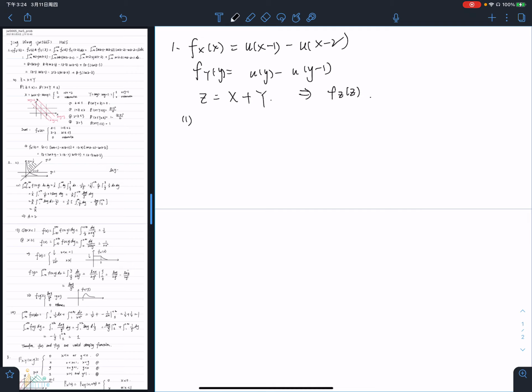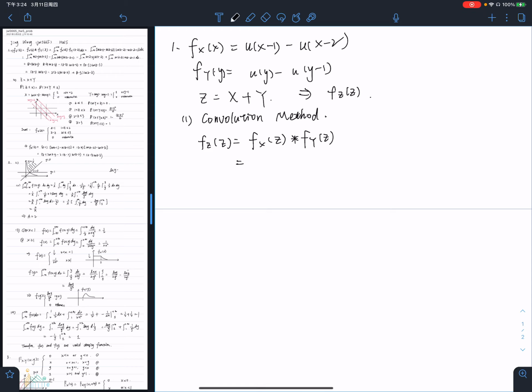There are two kinds of solutions. Firstly, we want to solve it using the convolution method. By the formula introduced in class, we know that f_z is equal to the convolution of f_x(z) and f_y(z).